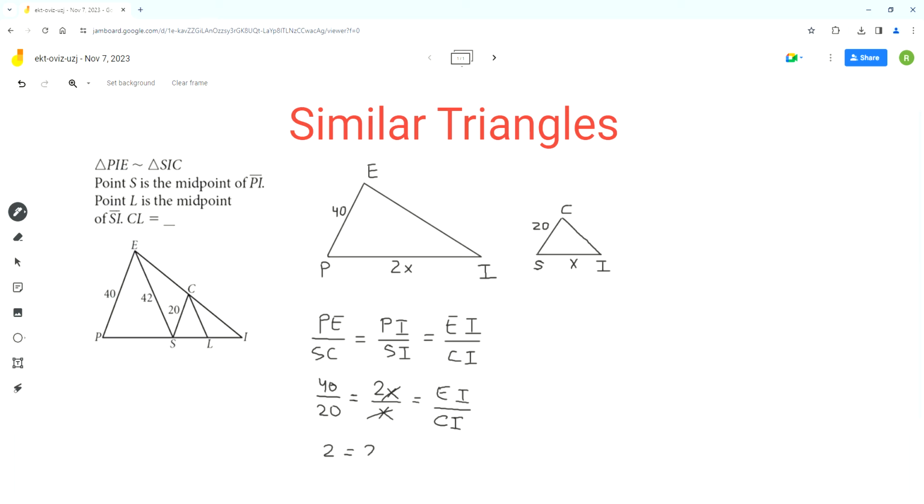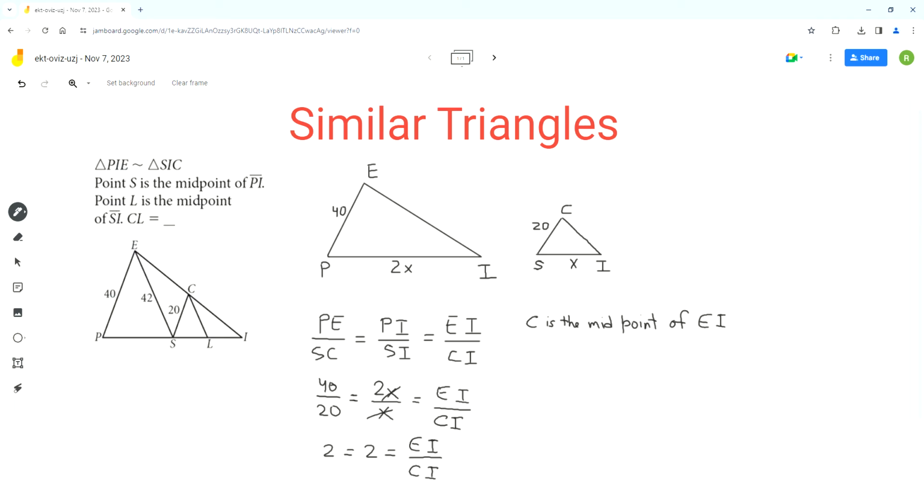So we get 2 equals EI over CI. That means EI is double the length of CI. So that's the first conclusion, that C is the midpoint of EI.